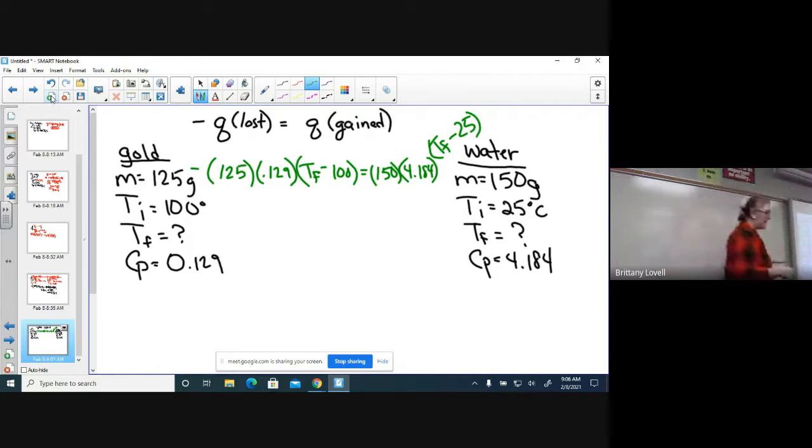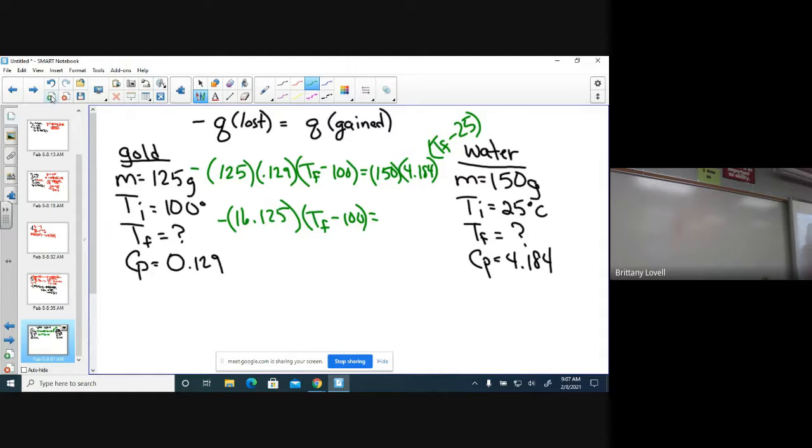On the left side, I'm going to multiply 125 times 0.129, and I come up with 16.125. I'm going to keep that negative sign because I know this is a negative value. Minus 100, I'm going to bring that down.